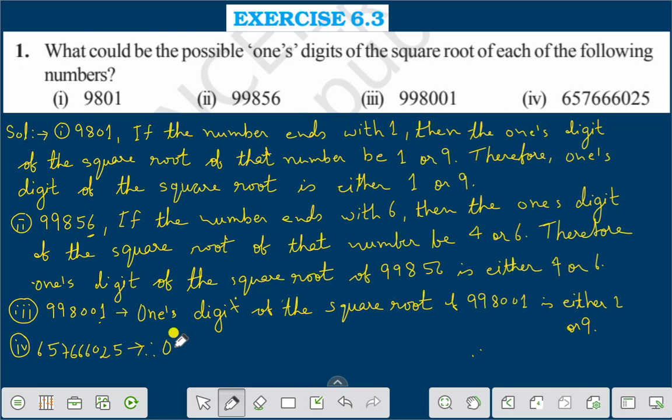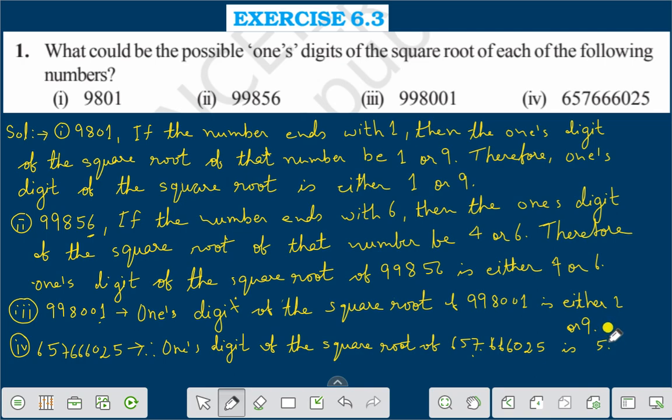Therefore, you can say that the ones digit of the square root of 657666025 is 5, right?